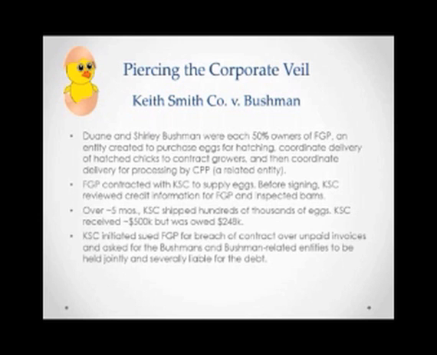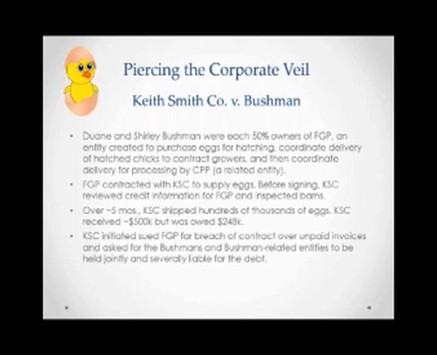And so this entity contracts with this out-of-state corporation, this Keith Smith company, to supply the eggs. Before signing the agreement, KSC demands financial information, reviews it, and they come and inspect the barns, so they do their due diligence.